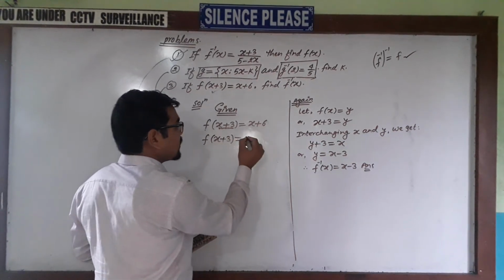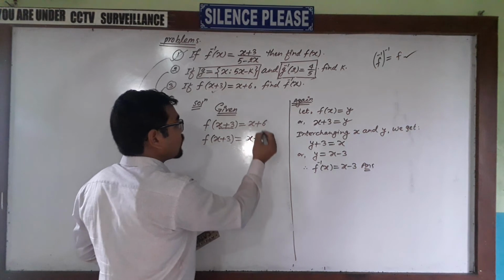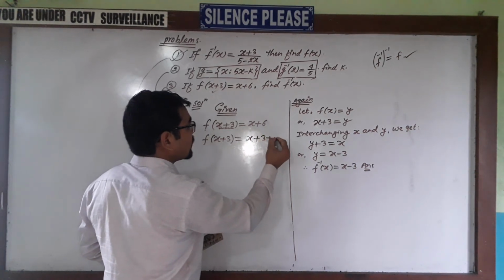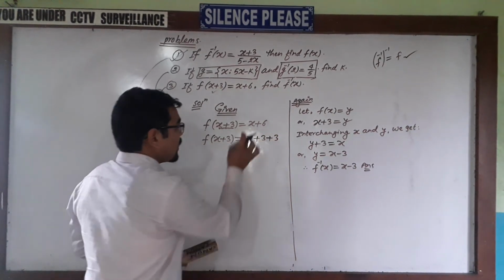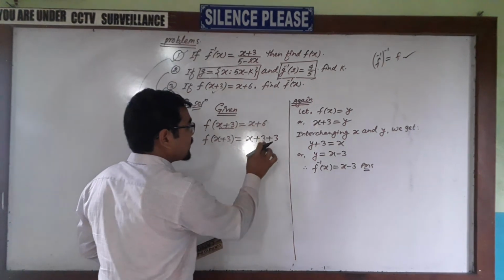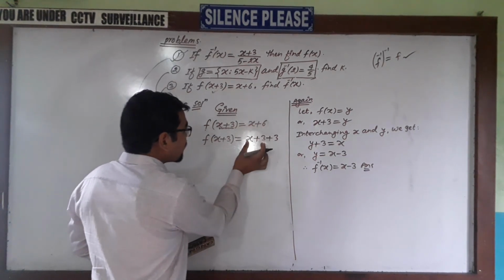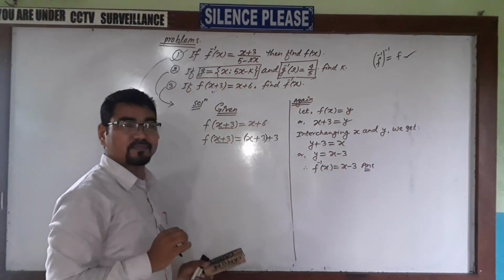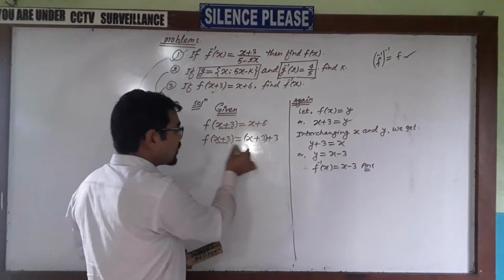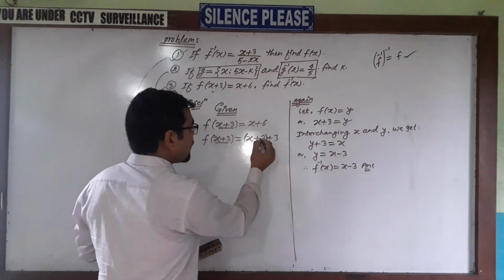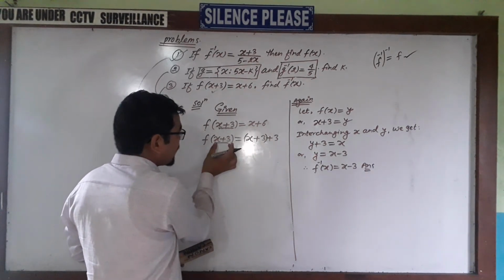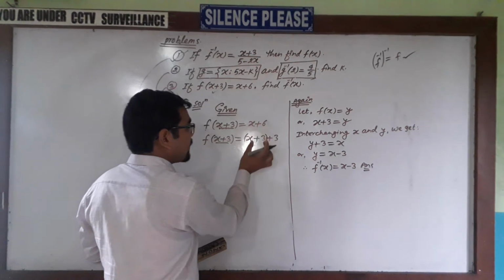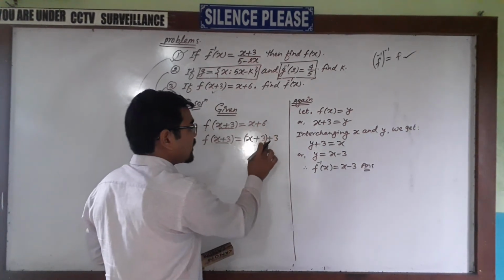Here x we have, x is already here, then plus 3. Then 6 can be written as 3 plus 3. Everybody knows, x is as it is, 6 can be written as 3 plus 3, such that x plus 3 becomes like a function input. Here x plus 3 is the input value, so here also we are making x plus 3, 6 is written as 3 plus 3.